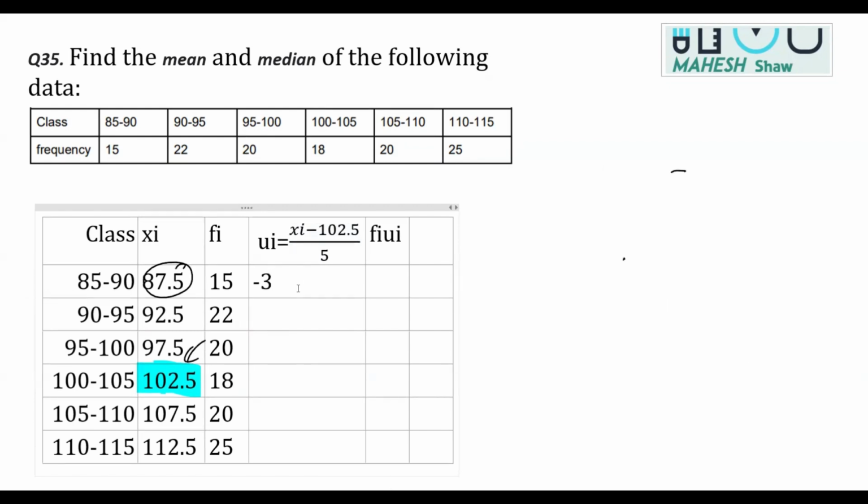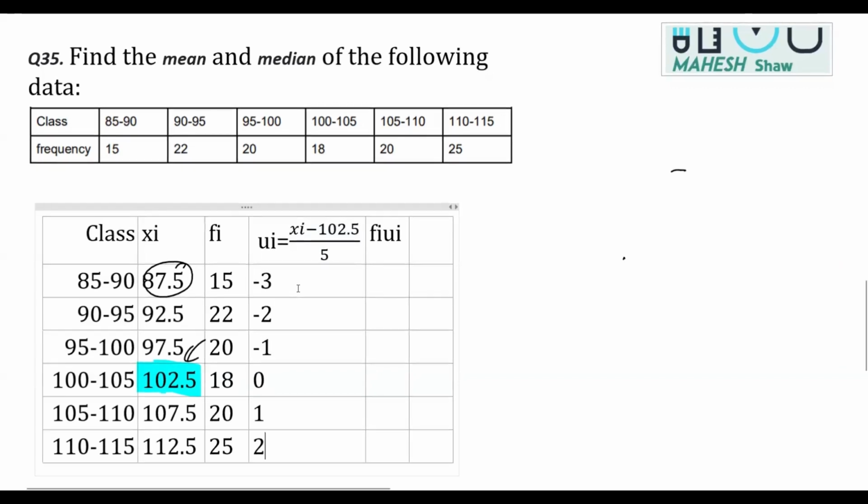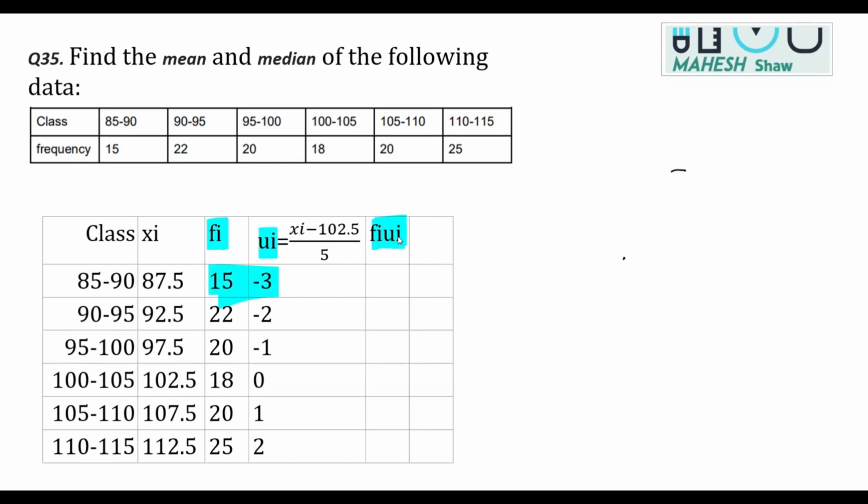Then you can see that you'll obtain a pattern: minus 2 in decreasing order, minus 1, 0, 1, and 2. The next column is to obtain Fi Ui, that is the product of these two columns. Let me show you. We are going to obtain Fi Ui, which will be the product of Fi and Ui. So we need to multiply these two columns.